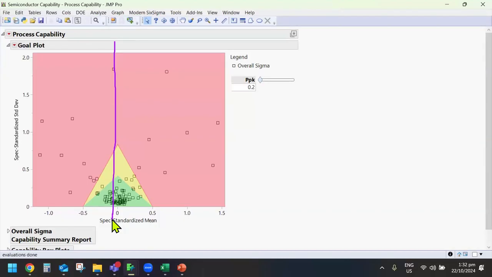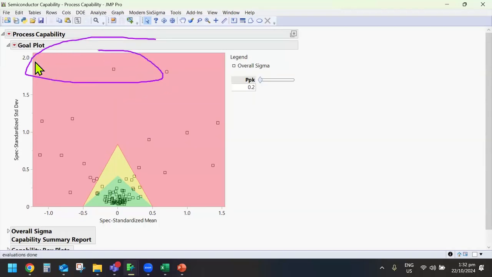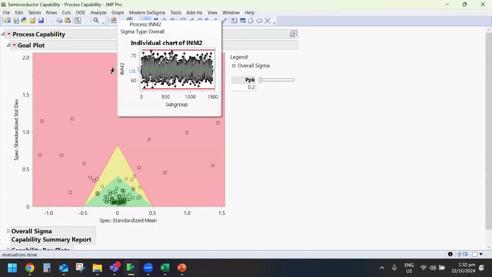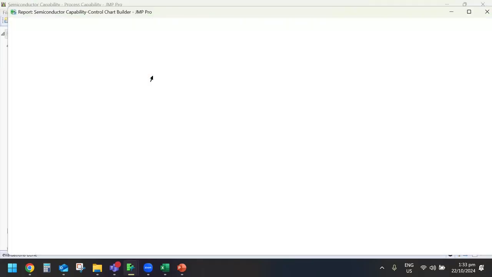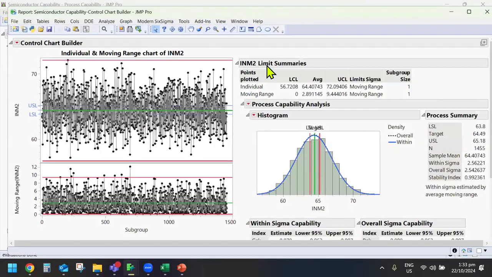I can conclude from this chart that this process is quite on target, slightly lower, but quite on target, while the standard deviation range is so big. Let's take a look whether it's true or not. You can just mouse over.